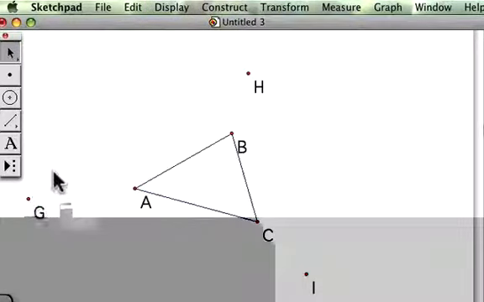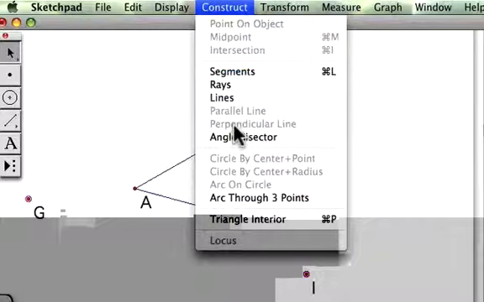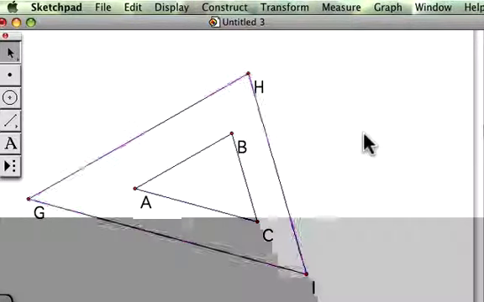So now you're going to select points G, H, and I and construct a triangle. Now what we have is two triangles.